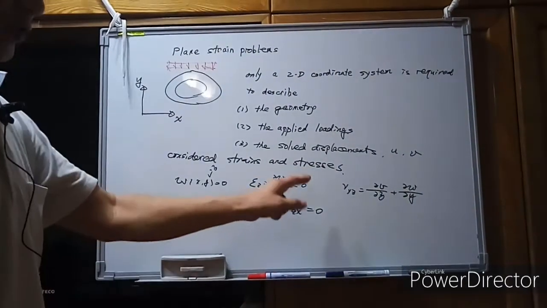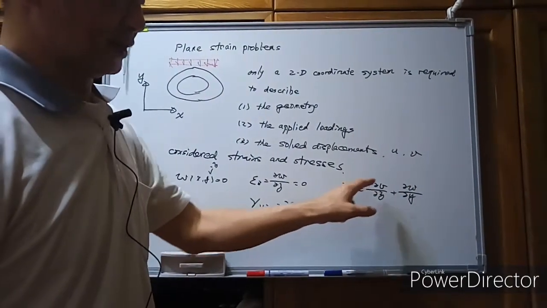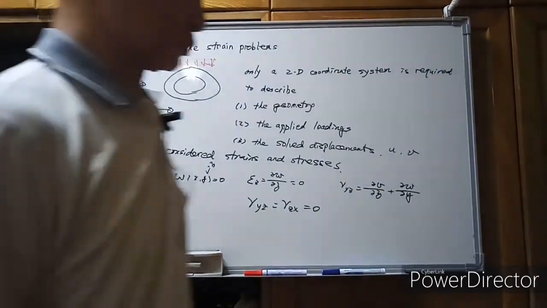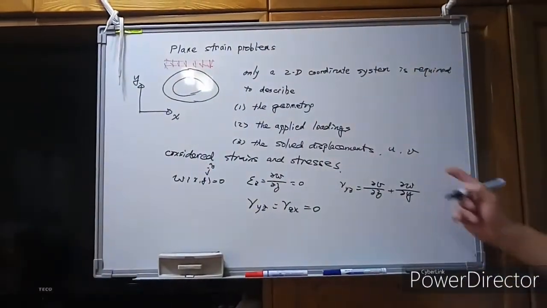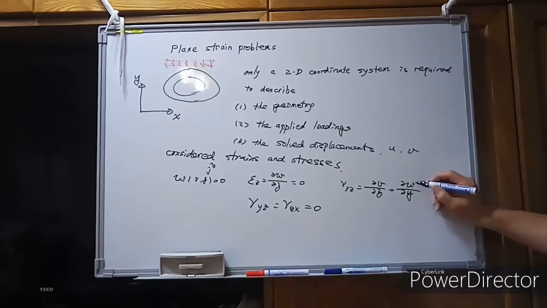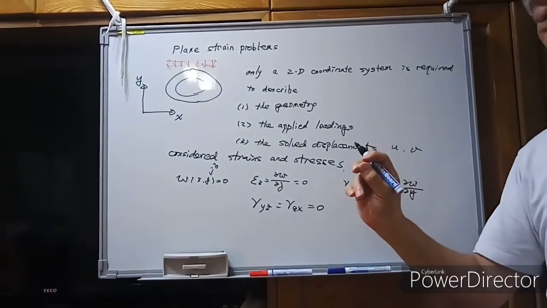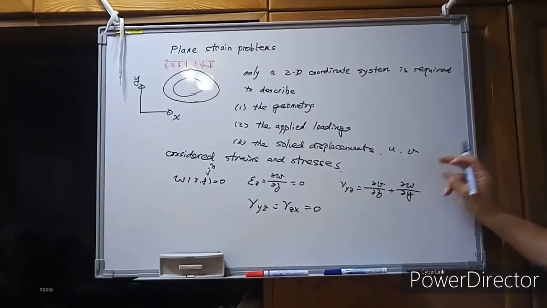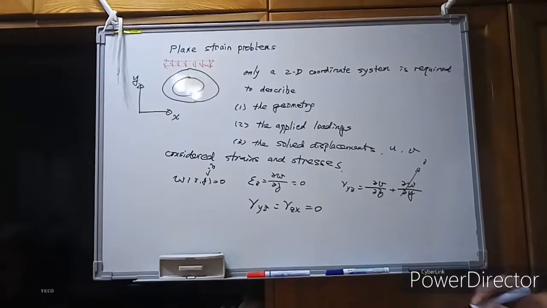Okay, if we consider the gamma yz, which is the summation of partial v to partial z plus partial w to partial y. Since w, no matter which point considered on the cross section, is always equal to 0, this term should be equal to 0.